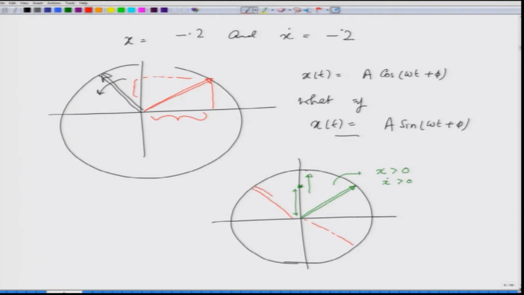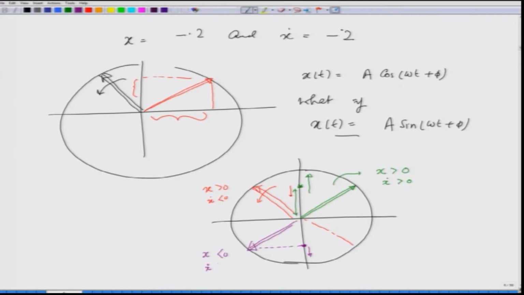In the second quadrant, x would be greater than 0, but x dot will be less than 0 because this phasor is moving counterclockwise and this point would be coming down. Similarly, in the third quadrant here, if the phasor is made here, x would be less than 0, because now the phasor would be representing a point here and the point is moving down.